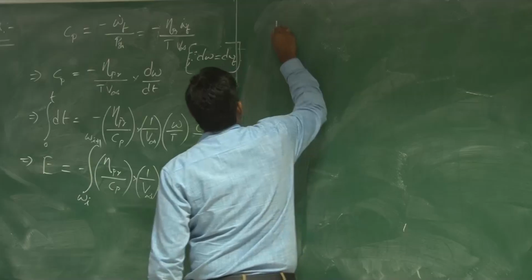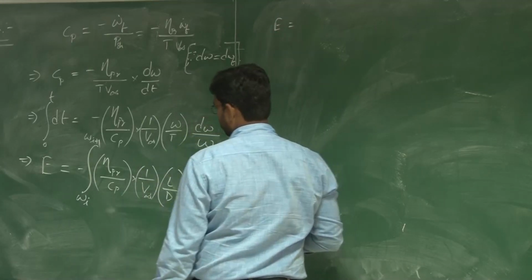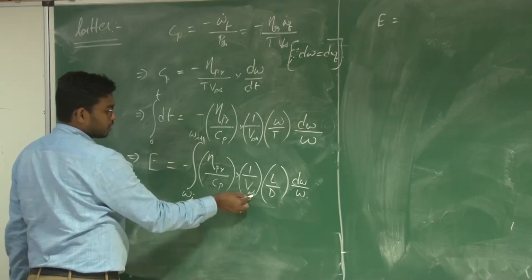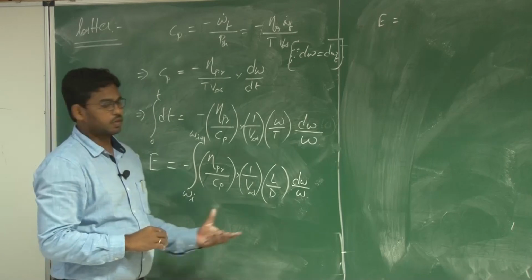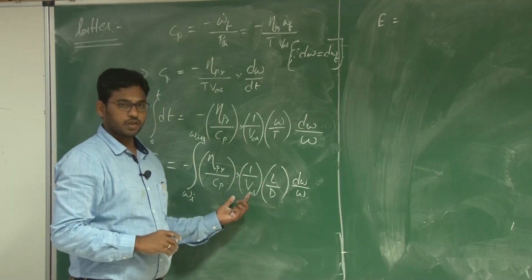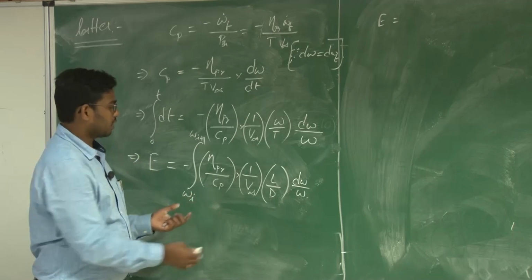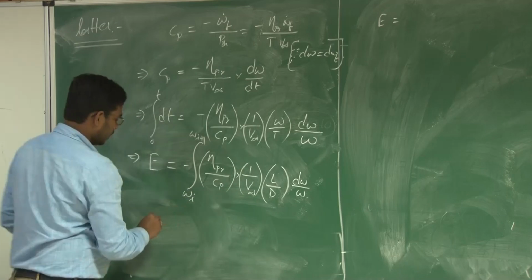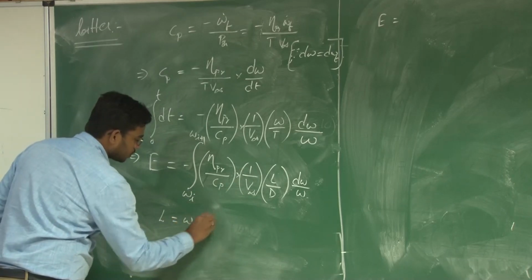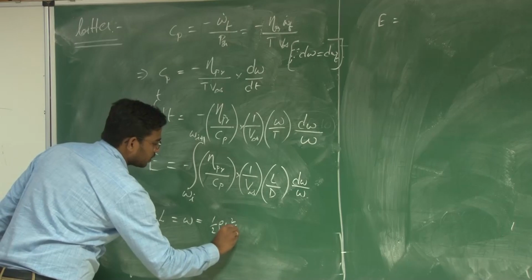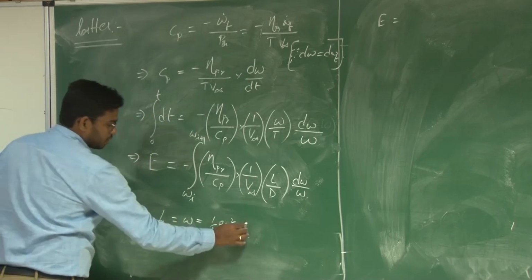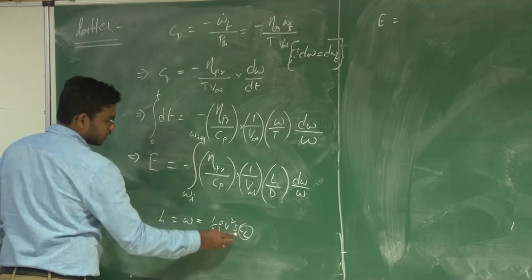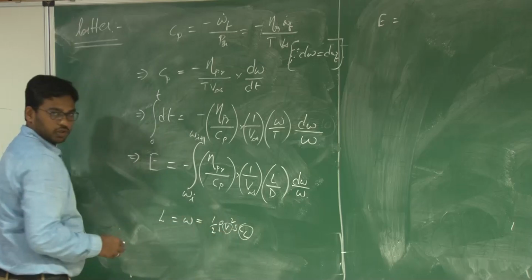Right. So endurance is equal to, there are two ways to integrate this. One, like constant velocity and constant CL. Both the lift coefficient and velocity remain constant, but as the fuel is consumed, since you are having the same lift coefficient and same velocity, we know L is equal to W in cruise, which is half rho V square S into CL, right. So one such condition in which cruise can be attained is constant CL and constant V, right.